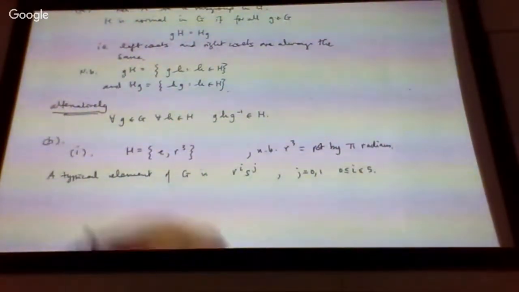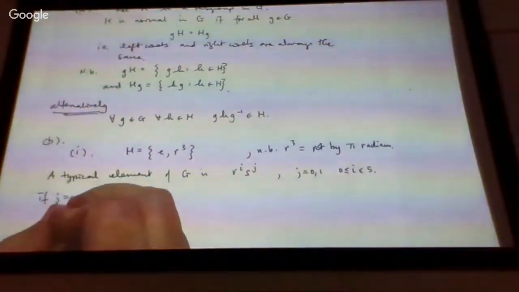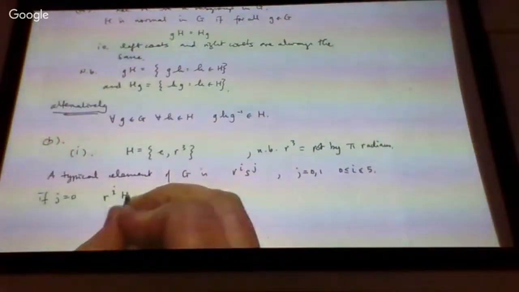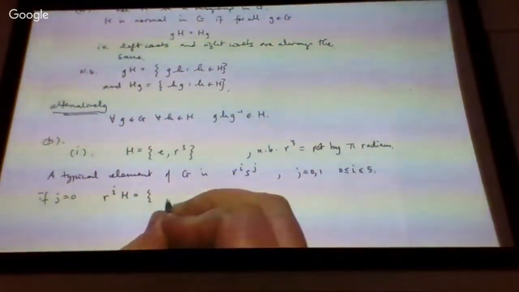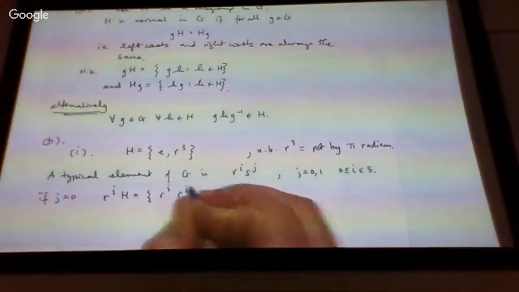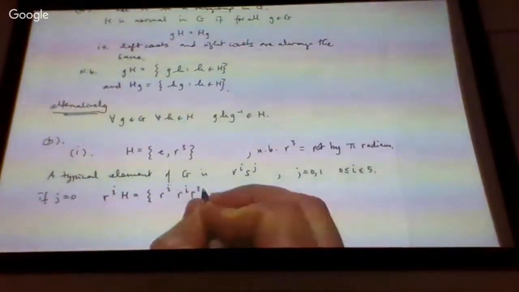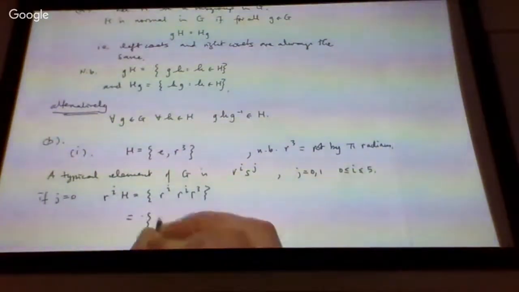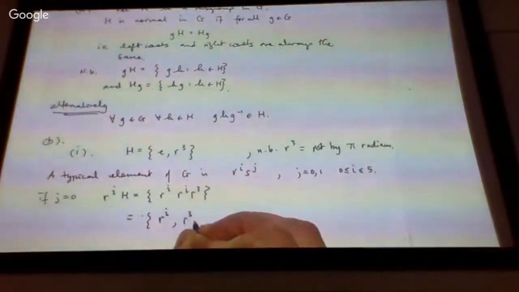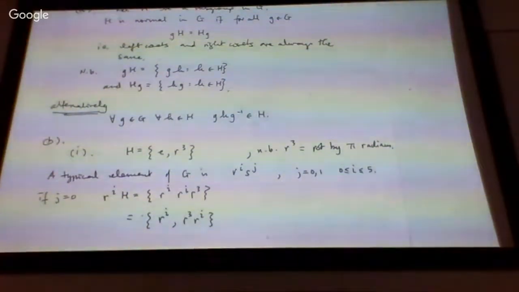Maybe easier. So if j is 0, then R to the i times h is equal to, well, it's R to the i times R cubed. Well, we can use the fact that rotations commute.